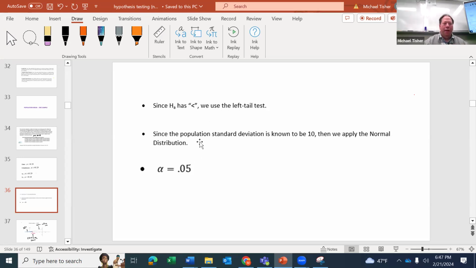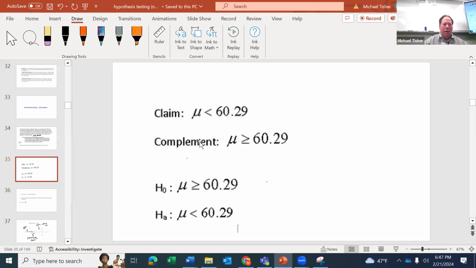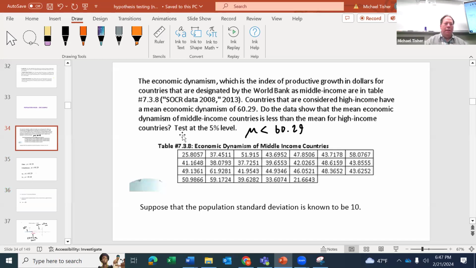Also, in all of these, we're going to test at some percent level. In this case, we test at the 5% level.